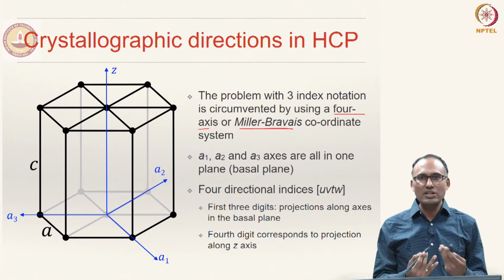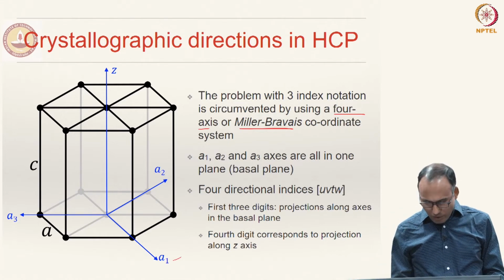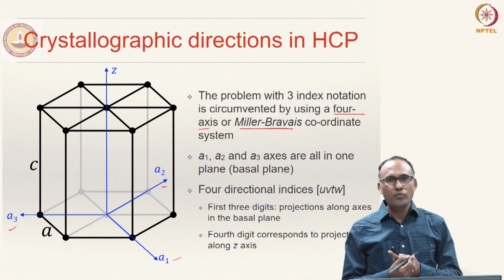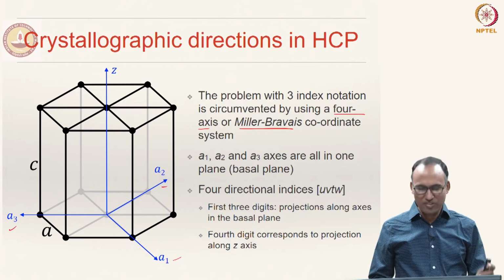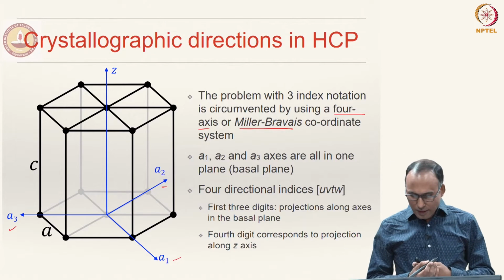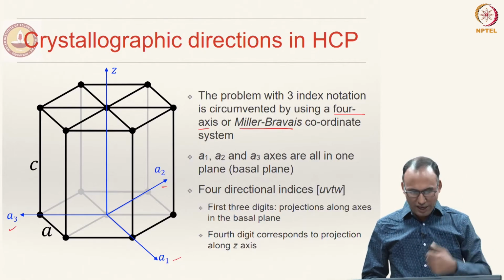Previously you had A1, A2 and Z. Now we introduce another axis: A1, A2, A3 and Z. So now you have a 4 index representation. A1, A2, A3 axes are all in the basal plane, and the fourth, the Z axis, is the out of plane direction, that is, in the thickness or height direction.